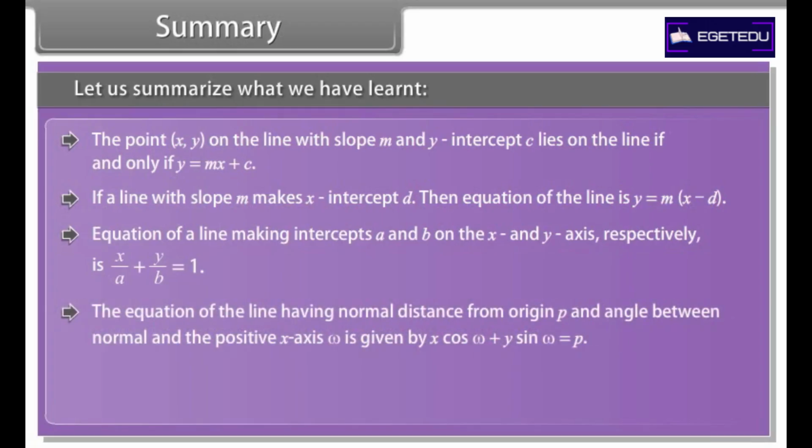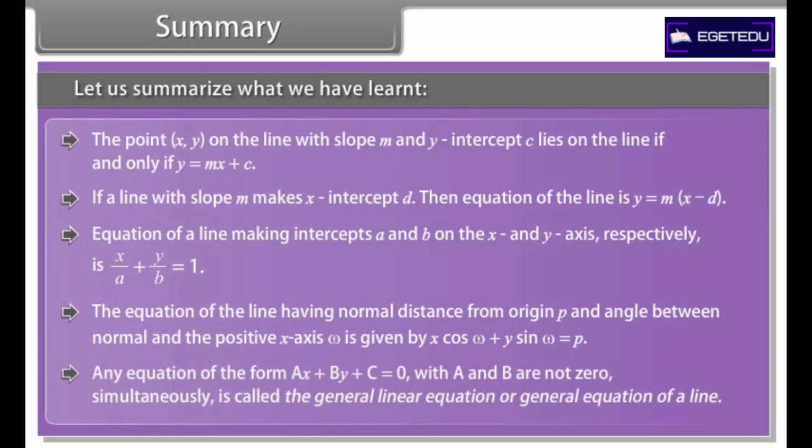The equation of the line having normal distance from origin P, an angle between normal and the positive x-axis, omega, is given by x cos omega plus y sin omega is equal to P. Any equation of the form ax plus by plus c is equal to 0, with a and b not 0 simultaneously, is called the general linear equation or general equation of a line.